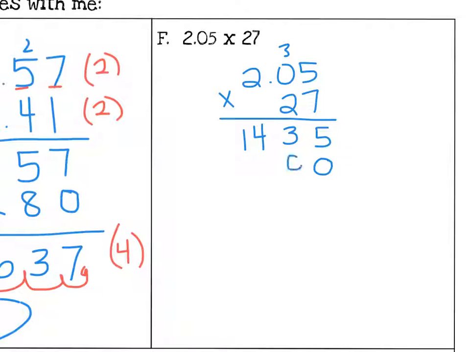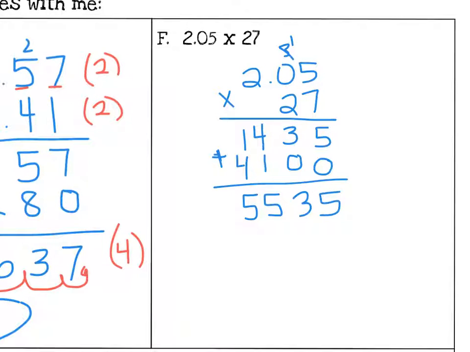2 times 5 is 10. Carry the 1. 2 times 0 is 0, plus 1. 2 times 2 is 4. We're going to add our rows together. And then we want to come back up and take a look at our factors. We've got 2 numbers after the decimal point in our first factor.